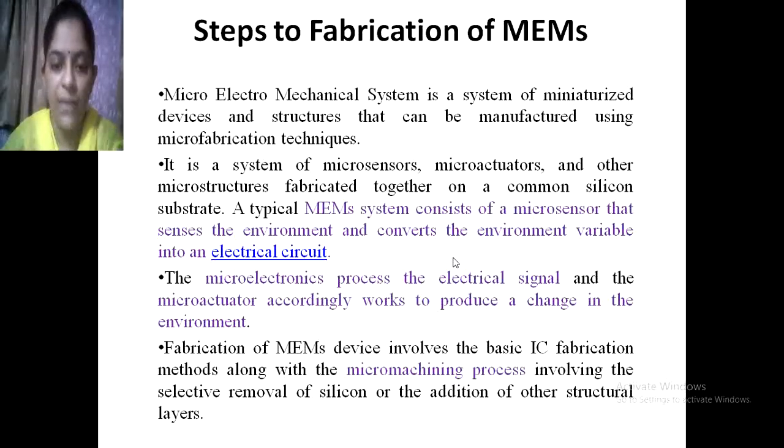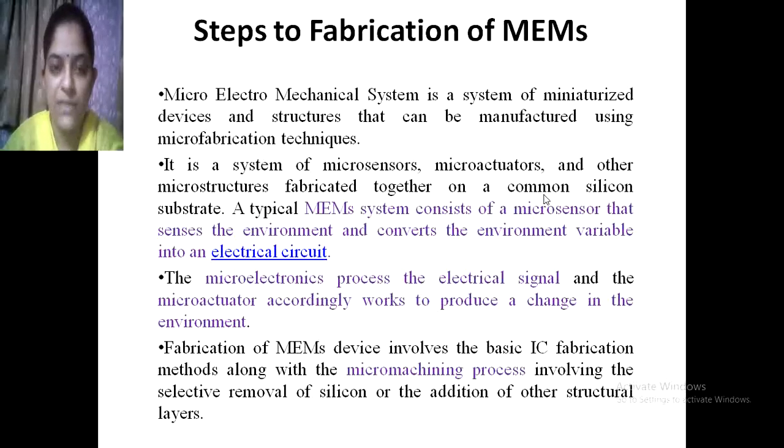Fabrication of MEMS devices involves the basic IC fabrication methods along with the micromachining process, involving the selective removal of silicon or the addition of other structural layers.